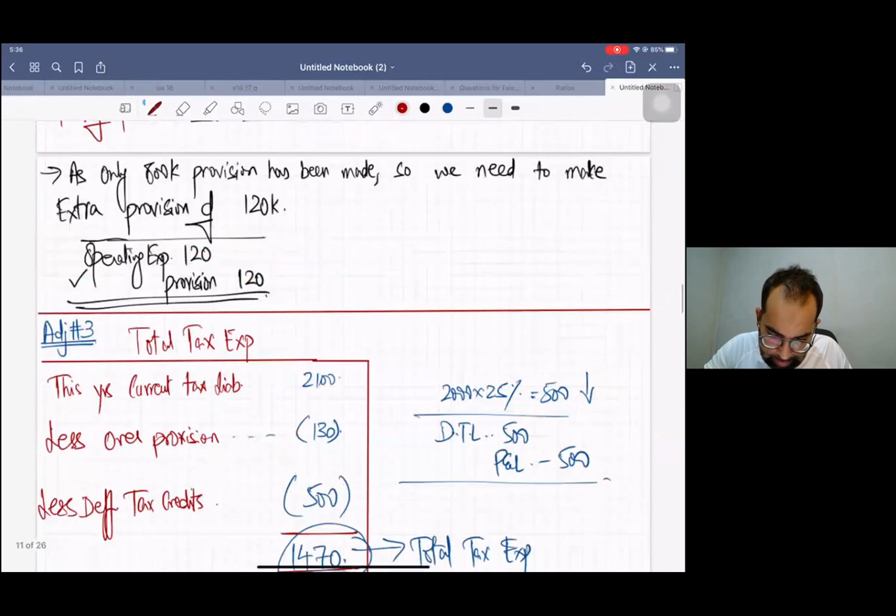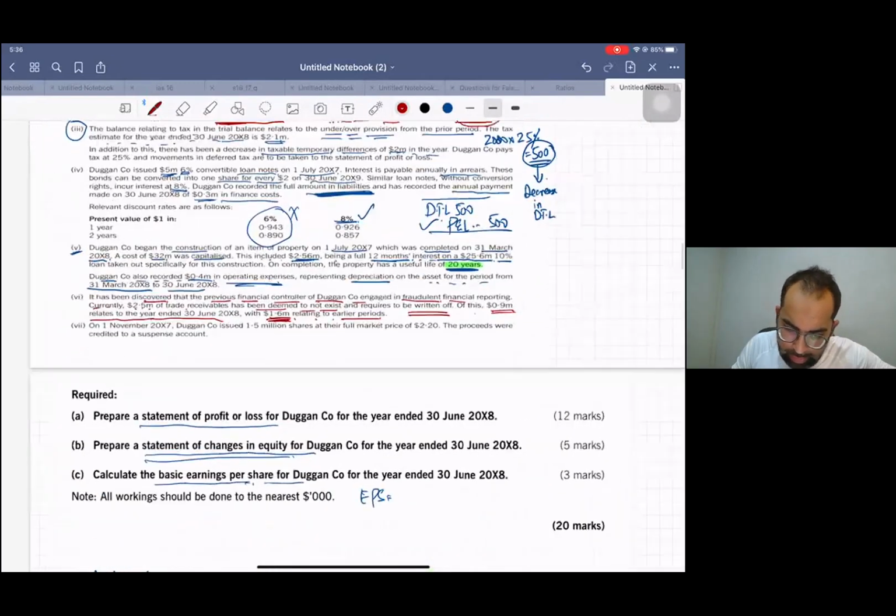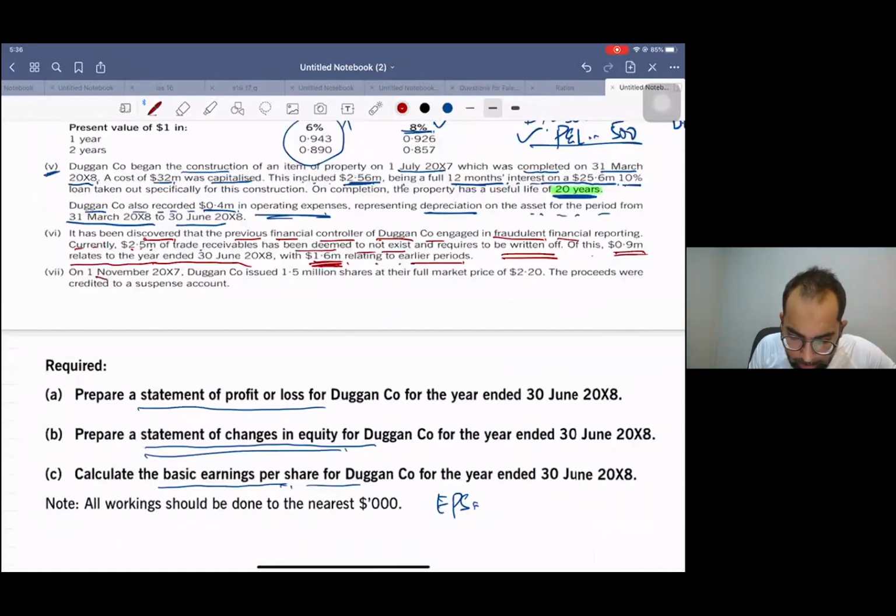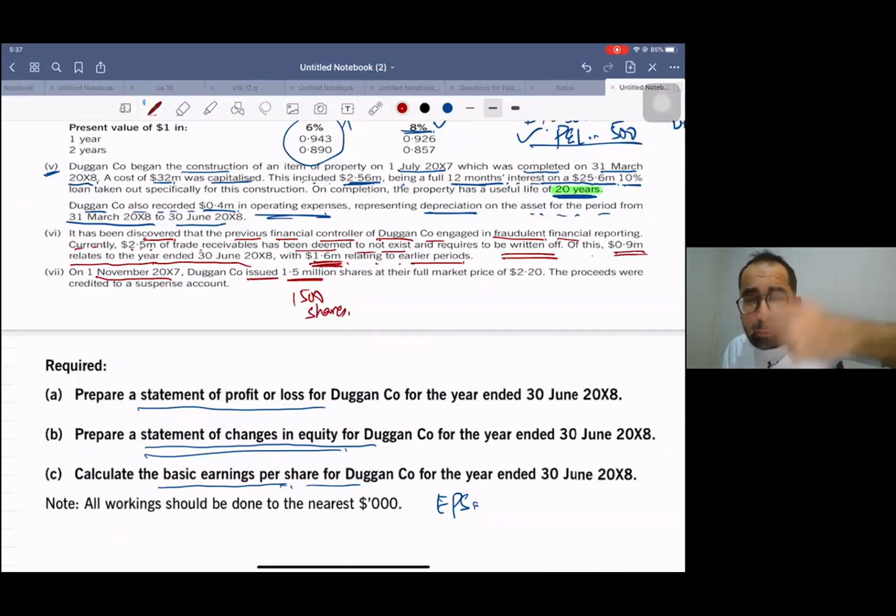The last transaction says: on 1st of November X7, Dugan Company issued 1.5 million, meaning 1500 new shares at their full market price. This is a cash issue, new money coming in at 2.2 per share.